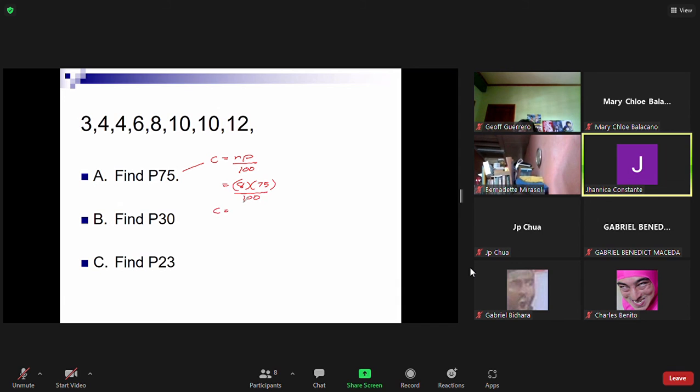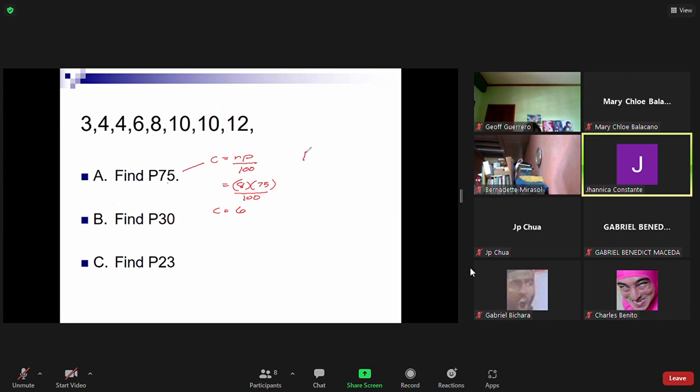So C is equal to 6. Since C is a whole number, one position that we can use in locating the 75th percentile is the 6th position.